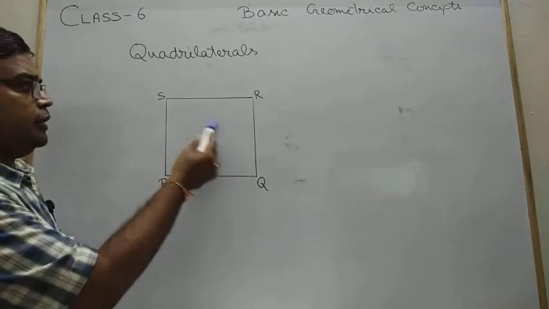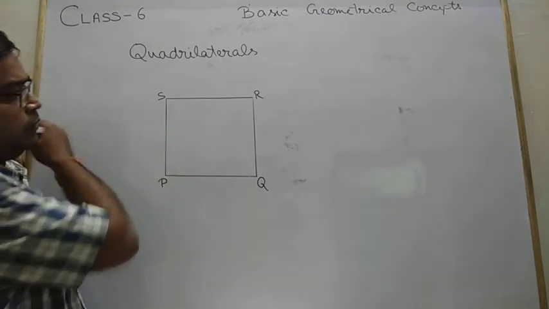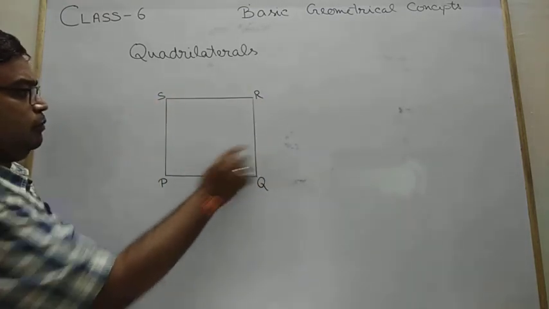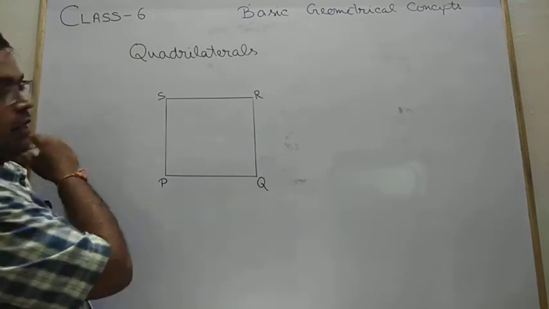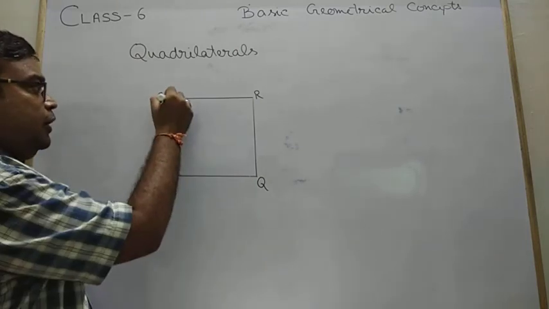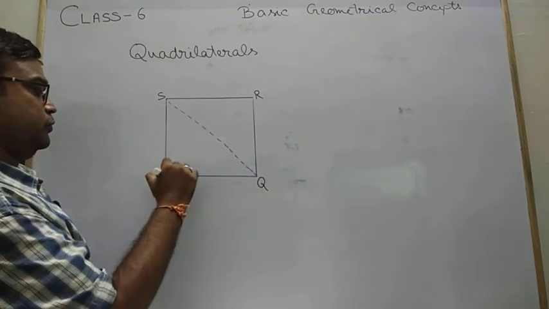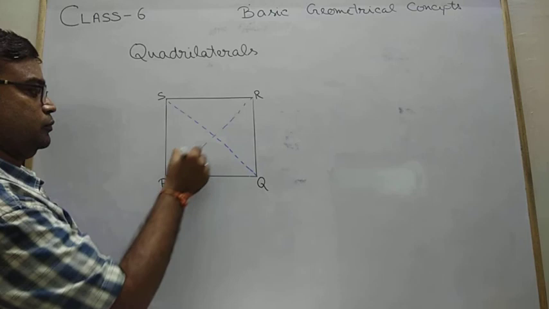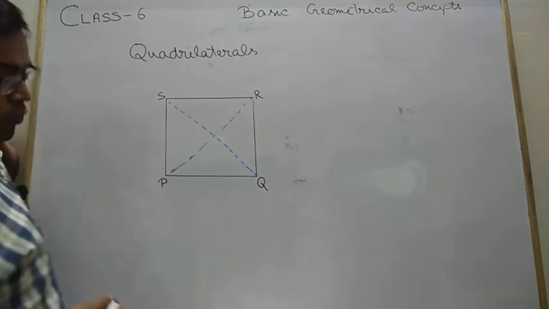As usual, the area inside the quadrilateral is the interior, and outside is the exterior. These P, Q, R, S are vertices. PQ, QR, RS and SP are the sides of the quadrilateral. Apart from this, we have the diagonals SQ and PR. These are the diagonals of the quadrilateral.